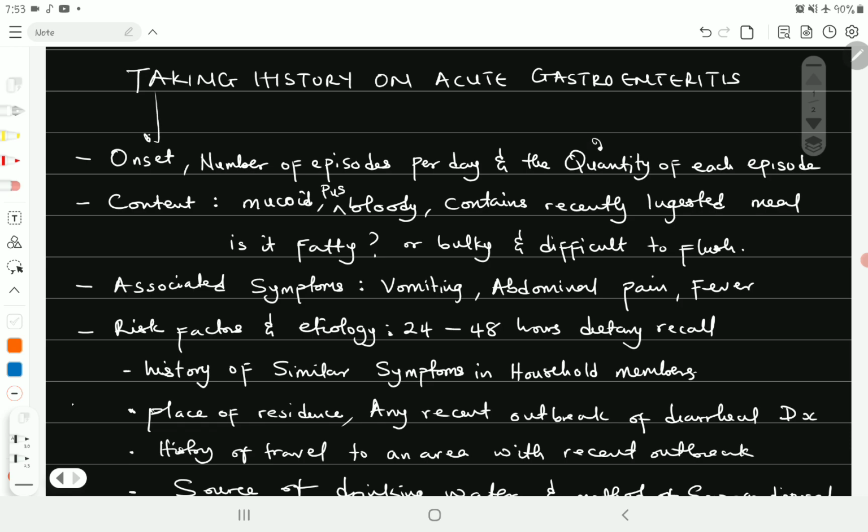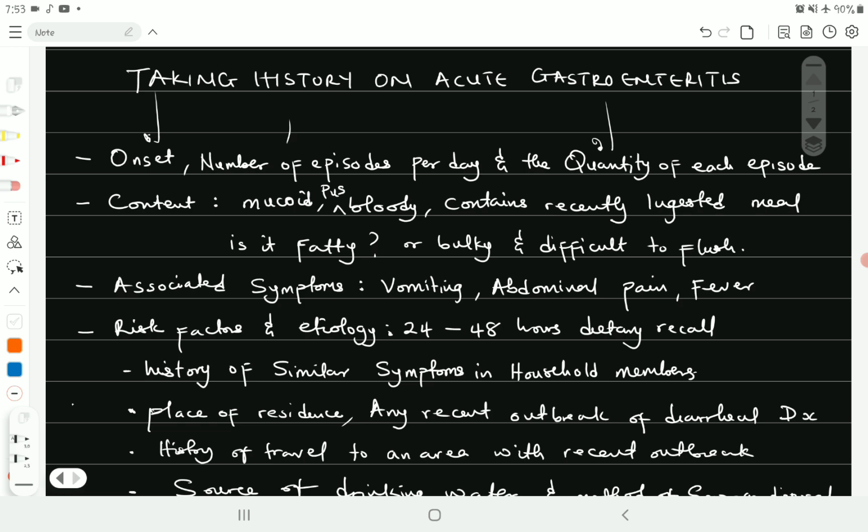We talked about onset, number of episodes. Now the quantity. At times the patient might not be able to tell you that okay, this is 50 meals, it is 20 meals. But what you can do is this. By the patient's bedside, you have a normal saline container, which is approximately 500 mils.